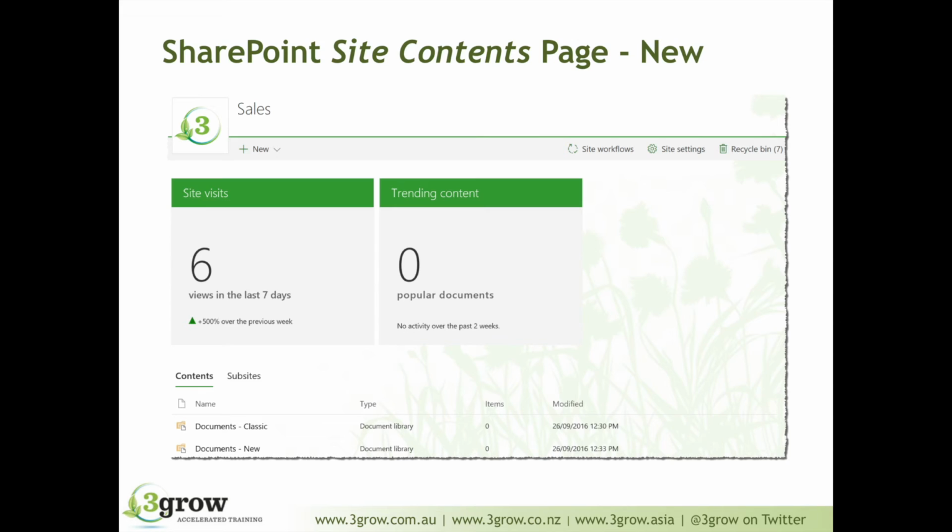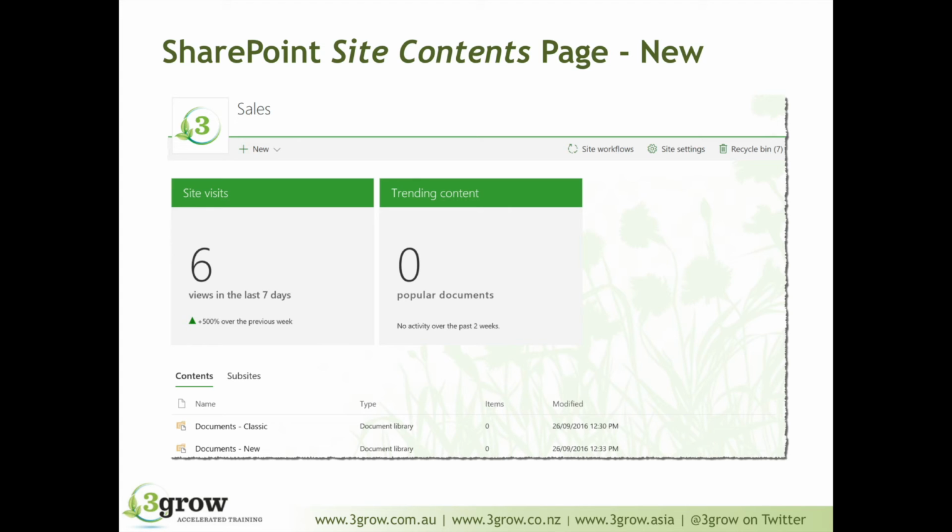What we'll see within the new interface is that first of all, we do have some nice analytics that show at the top of the site contents page, such as number of views within the last 7 days, and also the popular documents, so the documents that have experienced a lot of activity in the last couple of weeks as well. But the other main difference is the fact that your site contents are now split over 2 separate tabs.